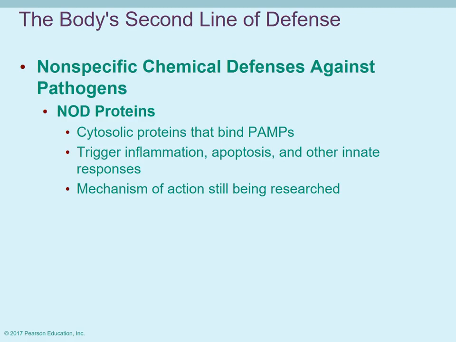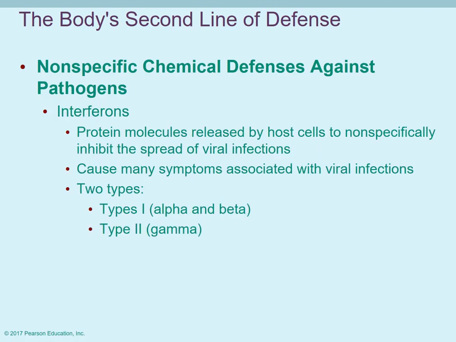There are several different ways of recognizing these, and then there are interferons. These are proteins that are released by your host cell when it has become infected by a virus. The purpose of the interferon is to help stop the spread of viral infections within your body.